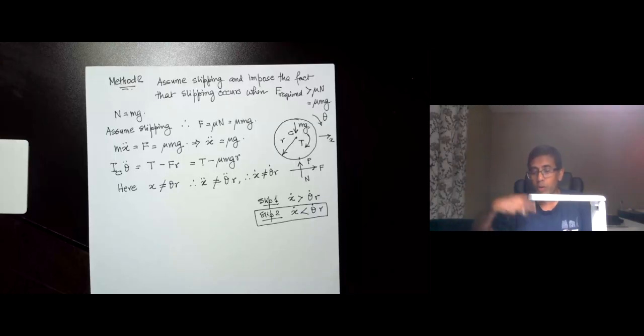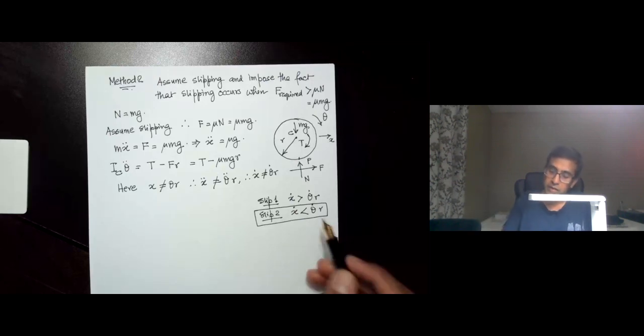So the motive force here, which is the torque, is to produce theta dot, is to produce angular acceleration. Now we rely on the traction from the ground to produce a consequent x dot or x double dot.